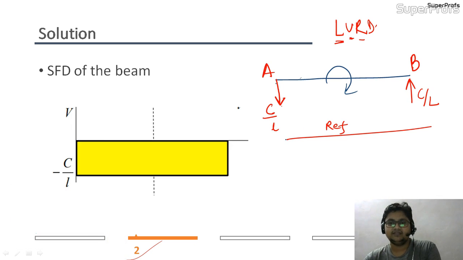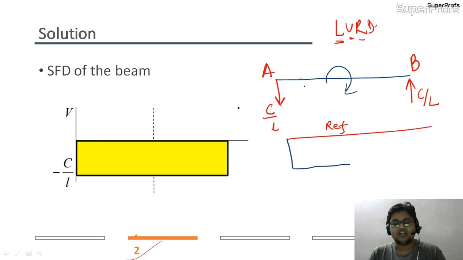So this C by L will be negative, meaning below this reference line, and it will be constant because there is no concentrated point load. I told you that a jump in the shear force diagram comes only if there are concentrated loads between the points.